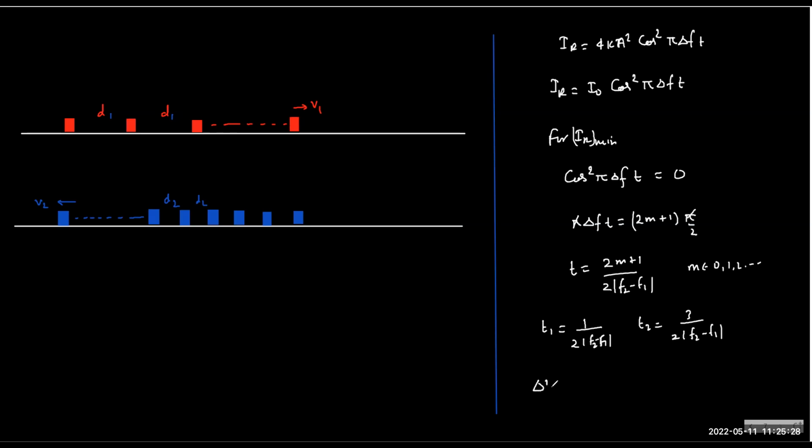If I take the delta t using any two, the t2 minus t1, you can clearly see that it will again be the same answer.